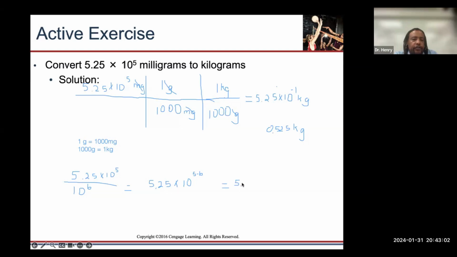We still have the same base, and since the exponent is 5 minus 6, it's going to be 10 to the minus 1 power. Okay, good.